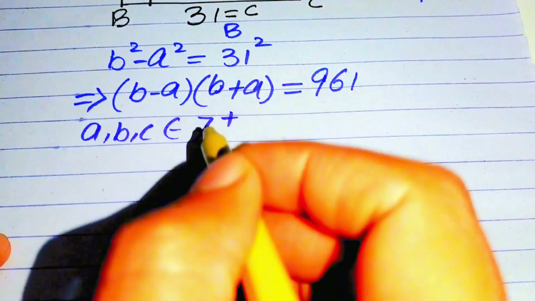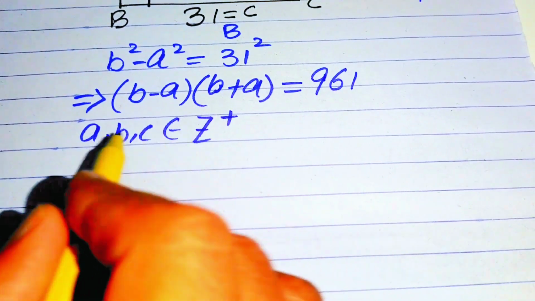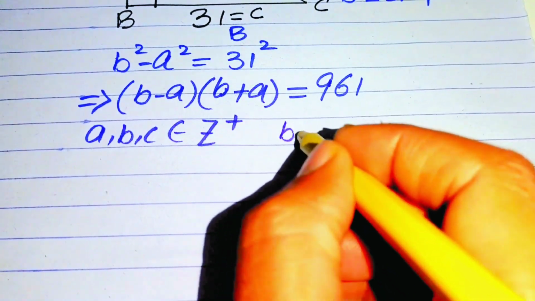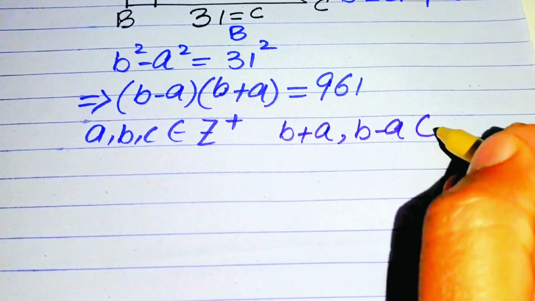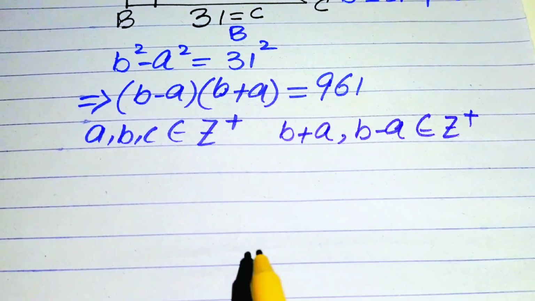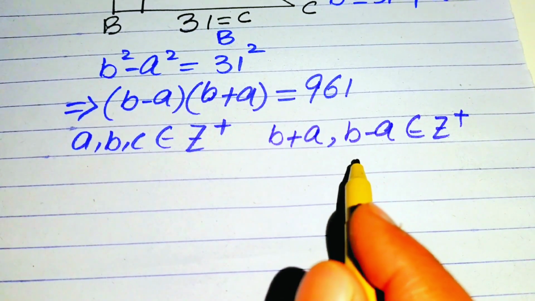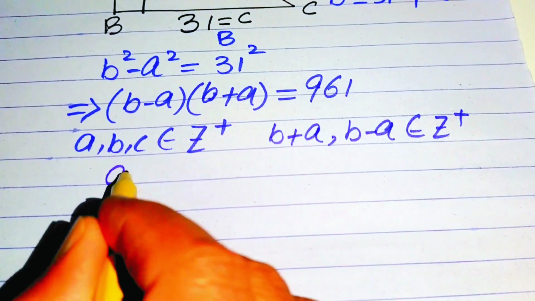If a, b and c are positive integers, then b plus a and b minus a are also positive integers. Now we make the relation of a and b.